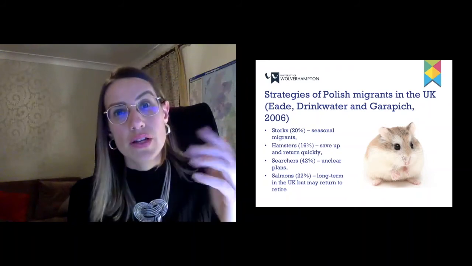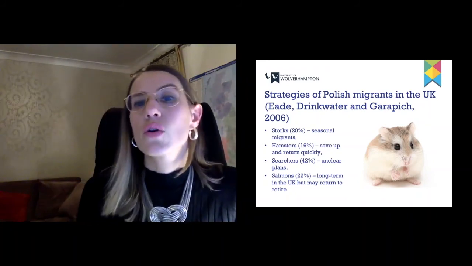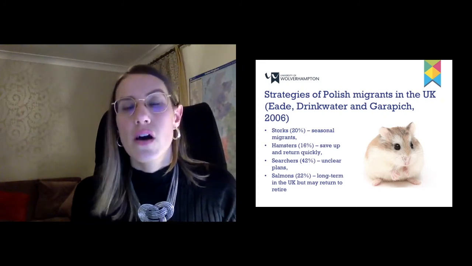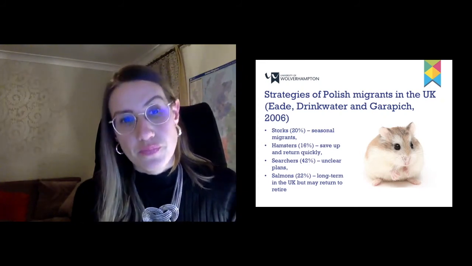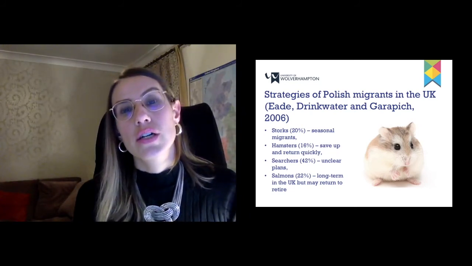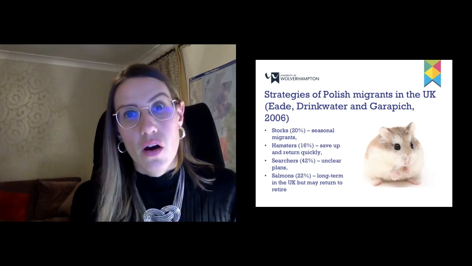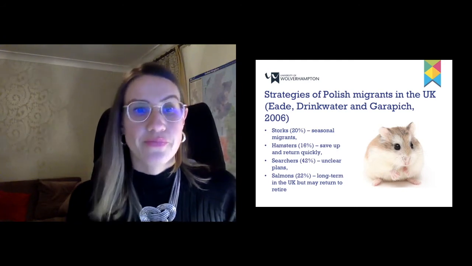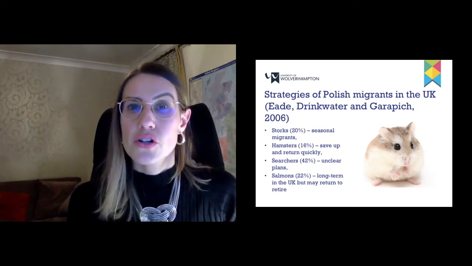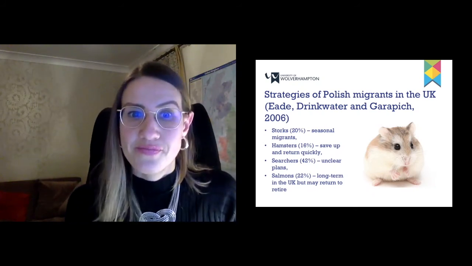The authors that you can see on the slide, Eade, Drinkwater, and Garapich, name four groups of Polish migrants, describing their strategies regarding migration, and they call them storks, hamsters, searchers, and salmons.